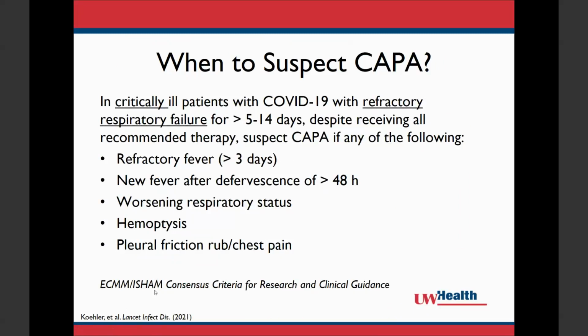They recommend that in critically ill patients with COVID-19 who have refractory respiratory failure for 5 to 14 days, despite receiving all of the recommended therapies, we should suspect CAPA as a potential cause for worsening respiratory failure if they have a fever that is refractory for more than 3 days, a new fever after being fever-free for more than 48 hours, worsening respiratory status, hemoptysis, or new pleural friction rub or chest pain.